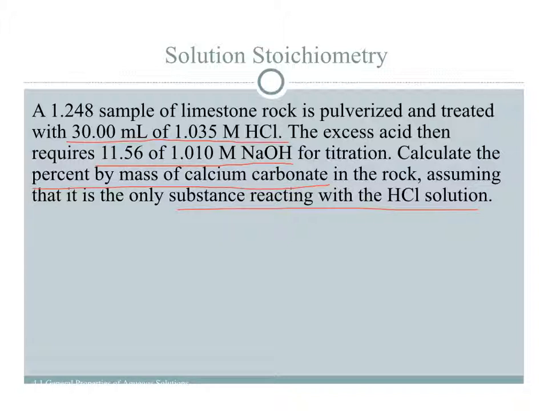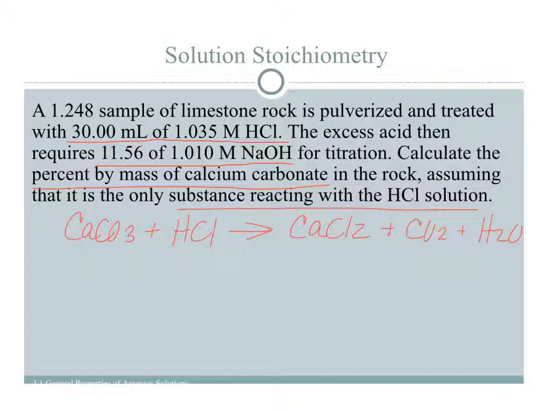So we kind of have to backdoor this. All right? Couple things going on. First, I want to write a reaction. So I've got calcium carbonate reacting with HCl, and that's going to produce CaCl2 plus CO2 and H2O.